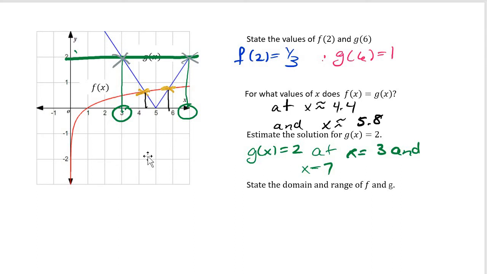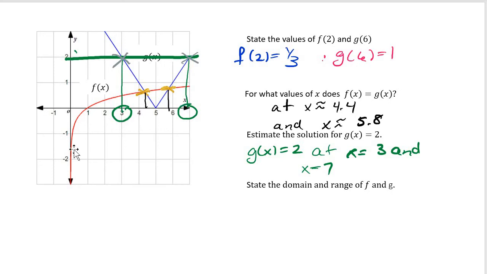So the next question is a little tricky. They ask for the domain and range of f and g. In the picture that was drawn for you in WebAssign, those functions only exist where they're drawn, and I'll explain what that means in a second. That's a bit confusing because here, I know what these functions were.